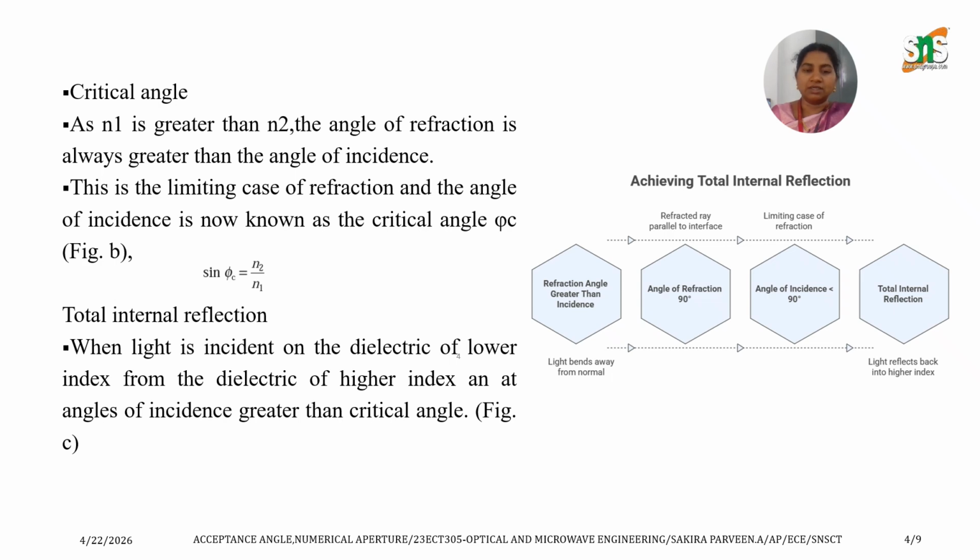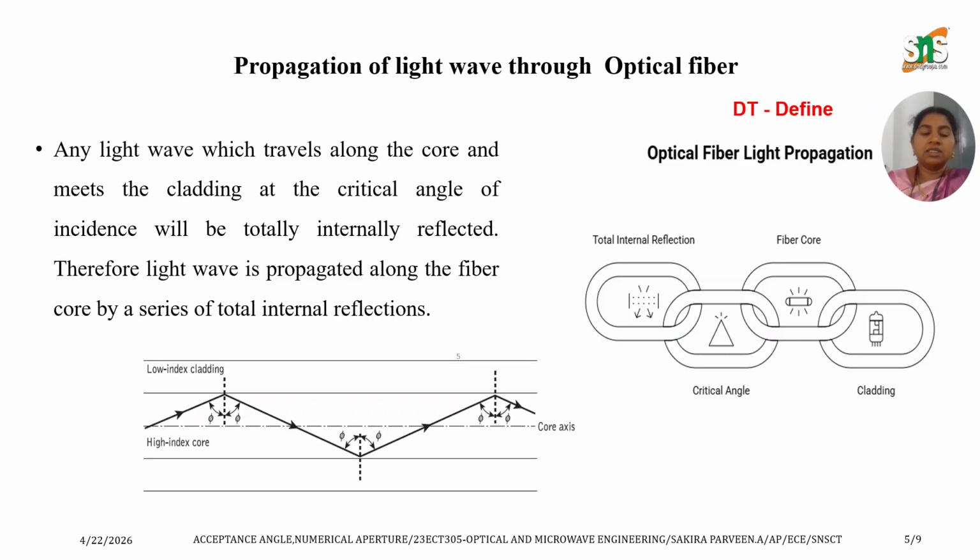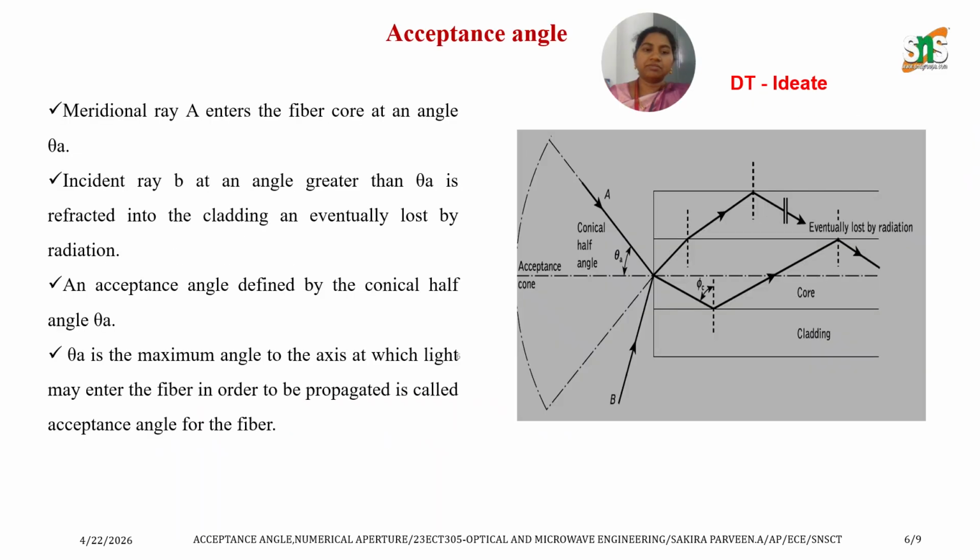And this is the propagation. When total internal reflection happens, the light moves on as the propagation happens in the optical fiber. This way, the ray is said to be a meridional ray. How the ray is propagating in the optical fiber is shown in this diagram.